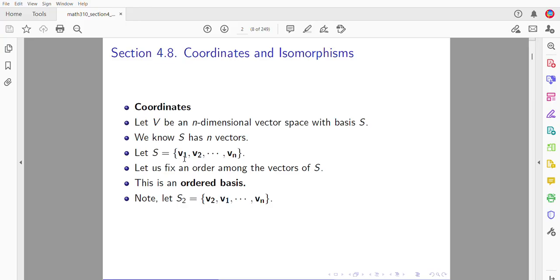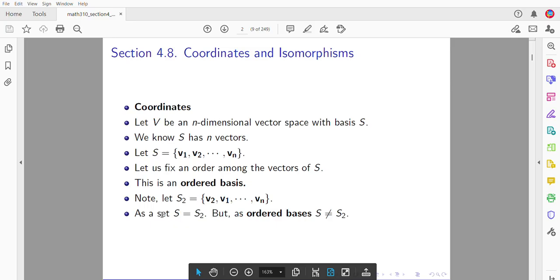So writing one vector first, the other second, or vice versa does not change the set. As a set, S1 equals S2. But as ordered bases, this order is different from this order, so they are not equal. So I hope you understand the distinction between being a set and an ordered basis. Ordered basis means order matters. In a set, order does not matter.